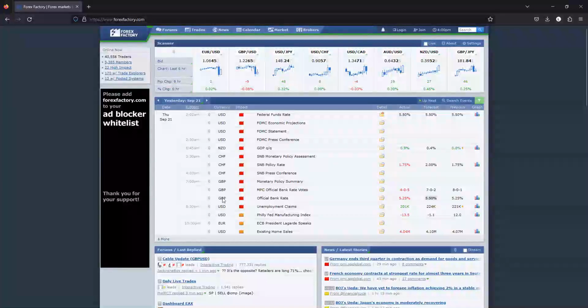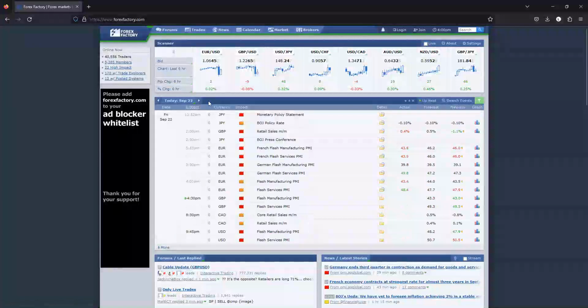Also the FOMC statement adopts a more hawkish tone. You don't see it here, but if you do a quick search on FOMC, it seems they're leaning more towards the hawkish side, so there are potentially intentions for more rate hikes coming up.